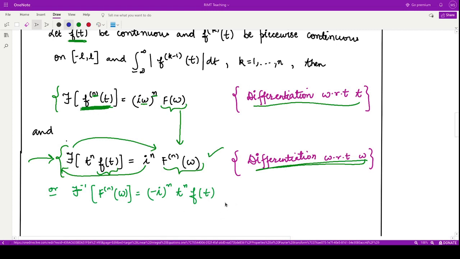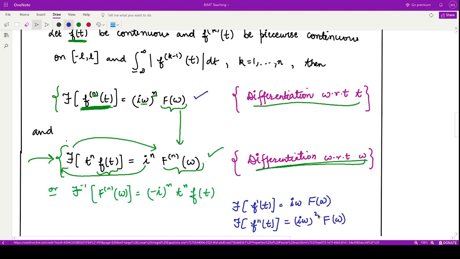So what if I wanted to calculate the Fourier transform of the first derivative of the function f of t? According to this formula, it would be iota omega raised to power 1 into F of omega. And similarly, if I wanted to calculate the Fourier transform of the second derivative of the function f of t, it would be iota omega raised to power 2 into F of omega.